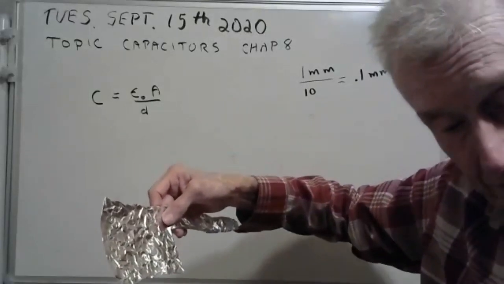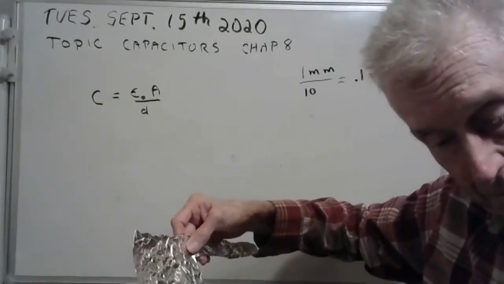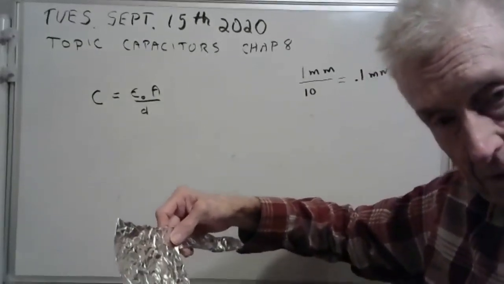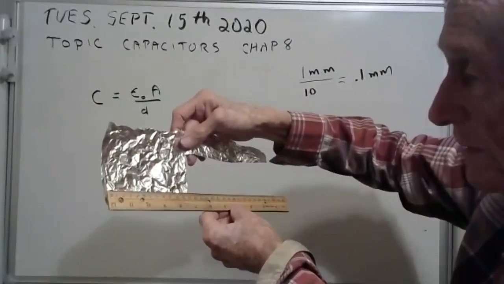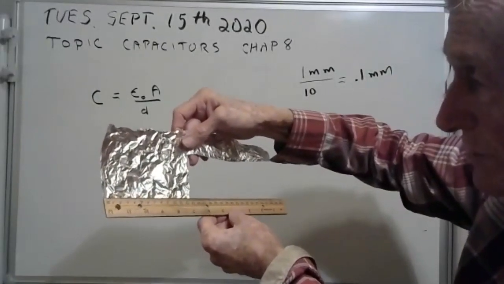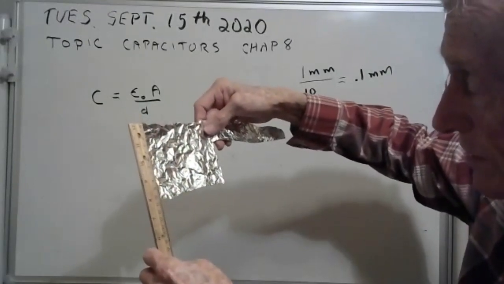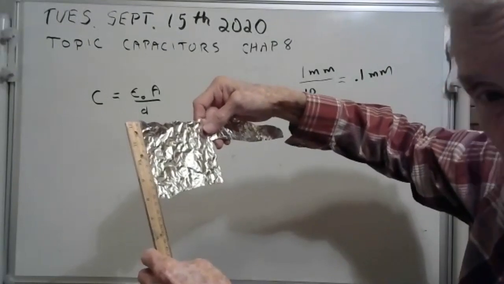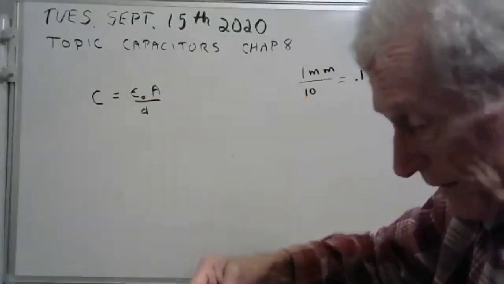But I've got a ruler here, and it says it's 13 centimeters long and 10 centimeters wide. You can't see that, but I can. So I can get the area.